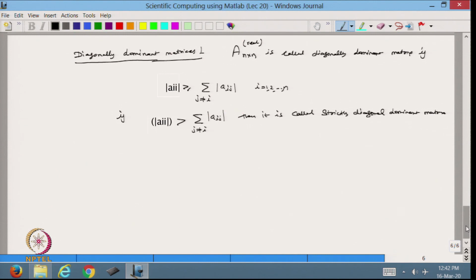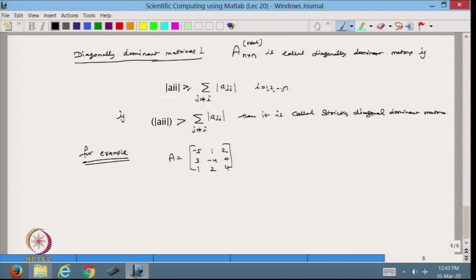Okay. So, for example, I take a matrix A like this one: 5, minus 1, 2, 3, minus 4, 0, 1, 2 and maybe 4.